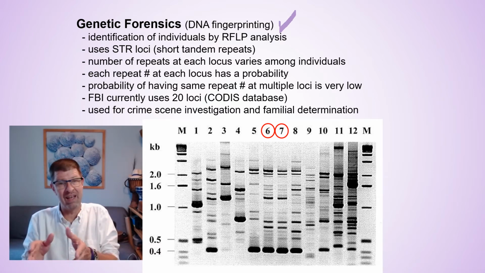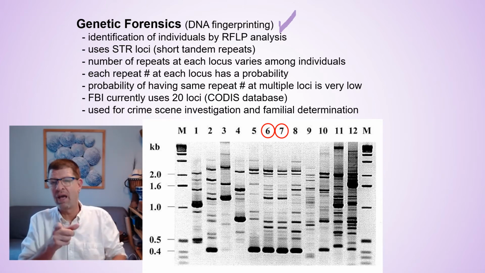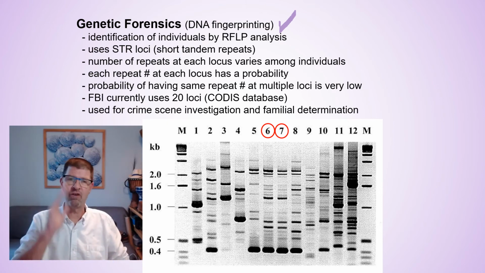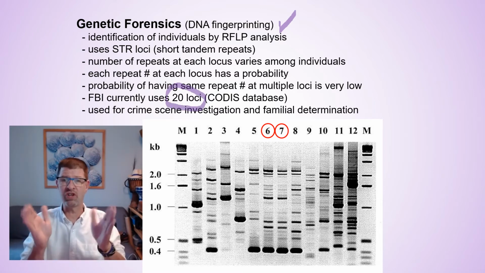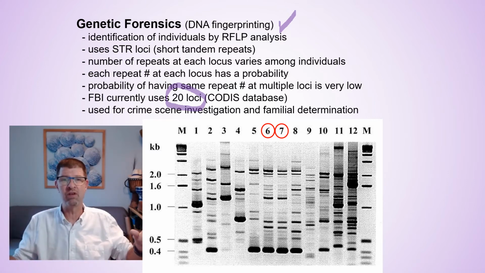Because it's about DNA, and because everybody's fingerprint is different, and everybody's banding pattern is different. If we use the same restriction enzymes and the same gel electrophoresis, everybody's got a different banding pattern. The FBI uses 20 different loci where they use restriction enzymes to cut chunks of DNA out from 20 different places in the genome.